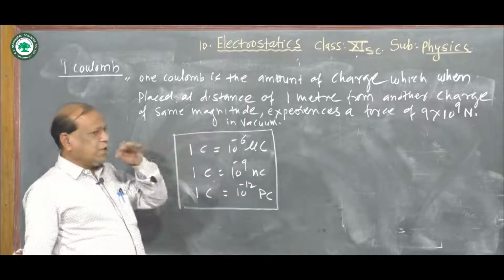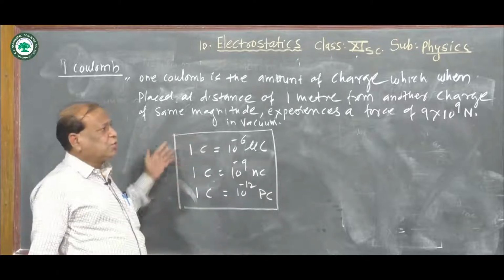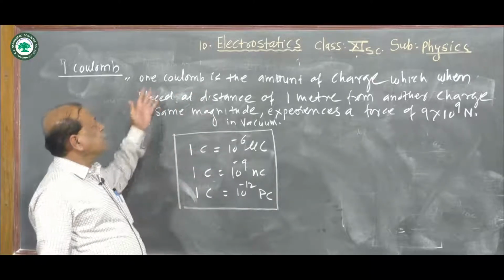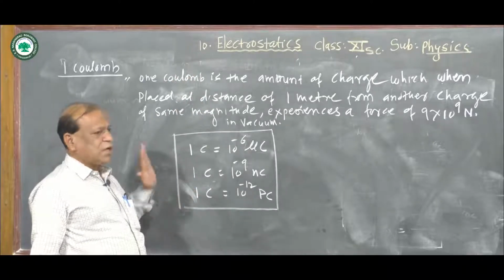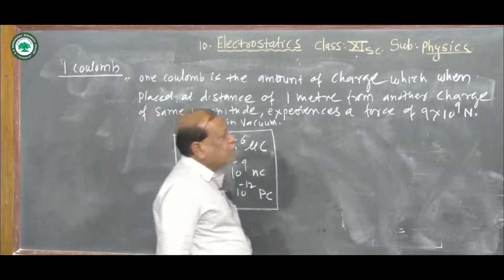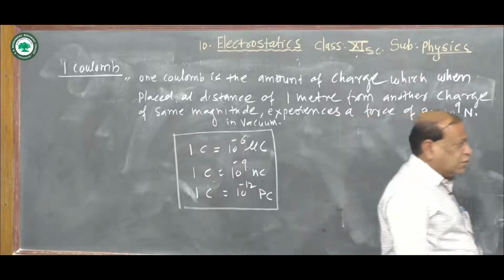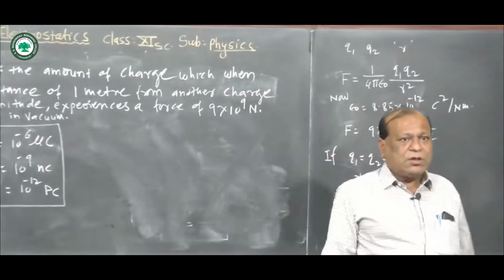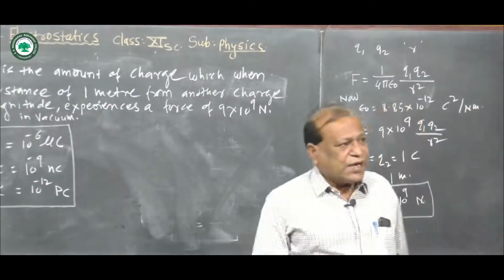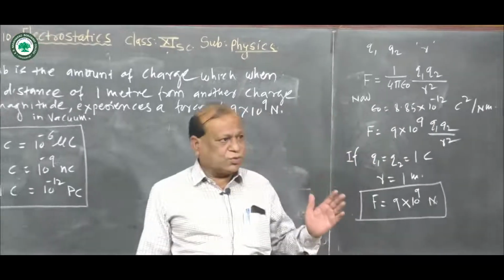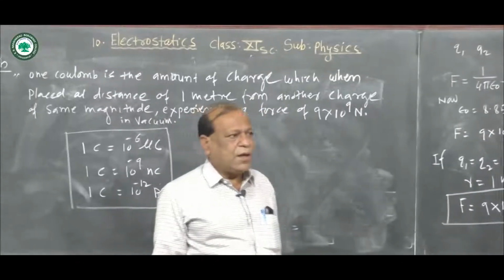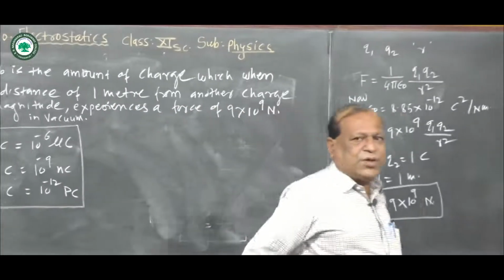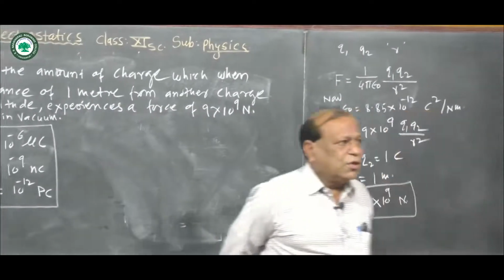These are very useful in solving problems concerned with electrostatics. Today we studied the statement of Coulomb's law in electrostatics and its explanation, and the mathematical statement of Coulomb's law.